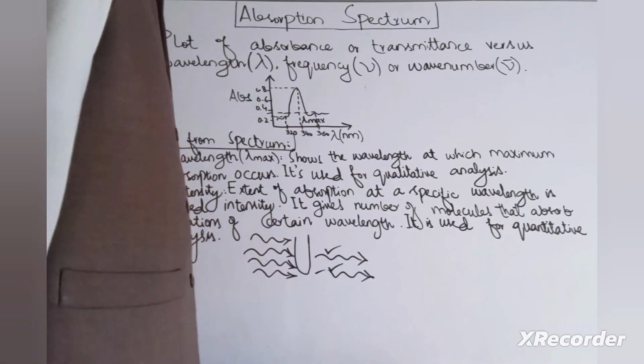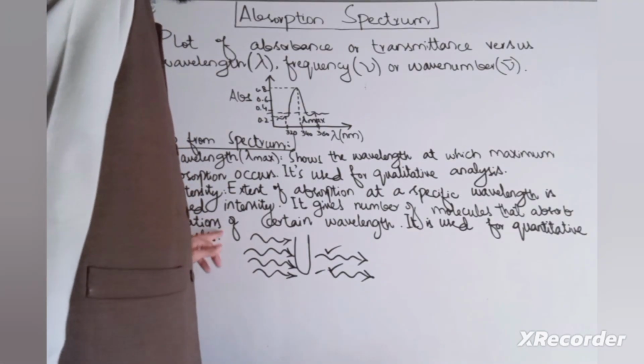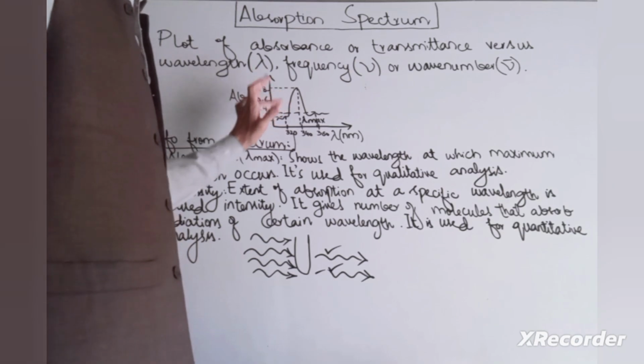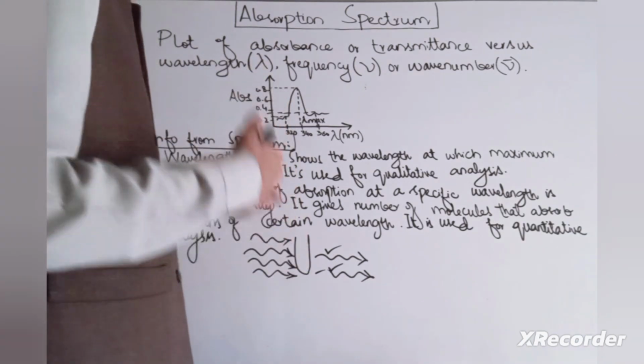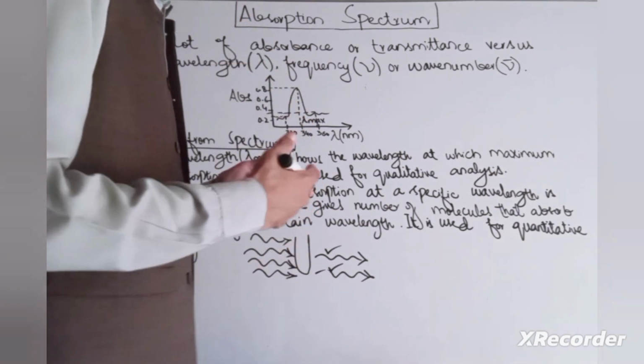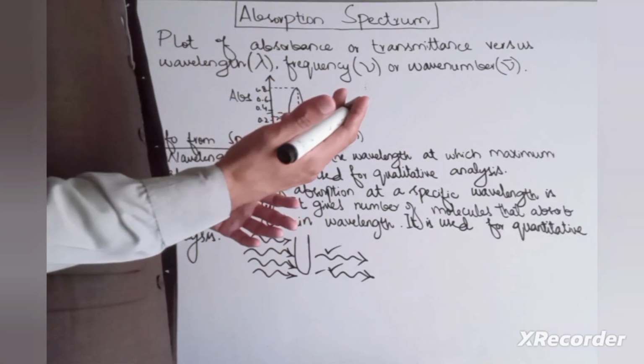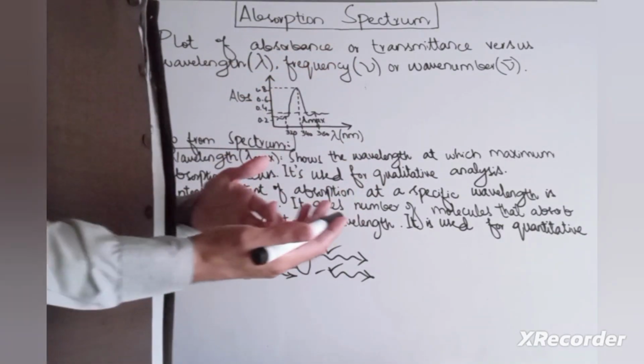It gives the number of molecules that absorb radiations of a certain wavelength. The intensity of absorption shows how many radiations have been absorbed, and this is related to the number of absorbing molecules.